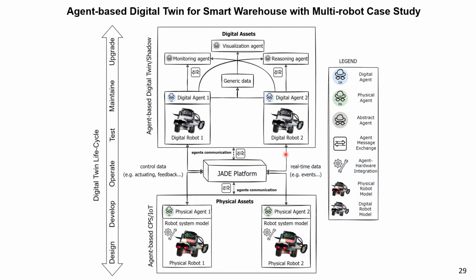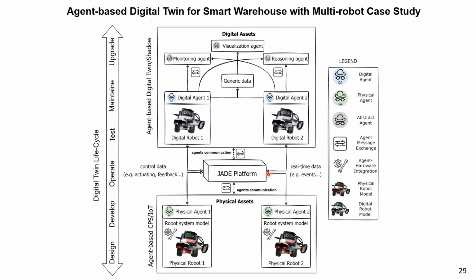In this slide, we try to show and illustrate more concretely how physical agents and digital agents are connected by using the Jade platform, and how they are communicating using the agent communication language, which is standardized by FIPA, and it's called FIPA ACL.